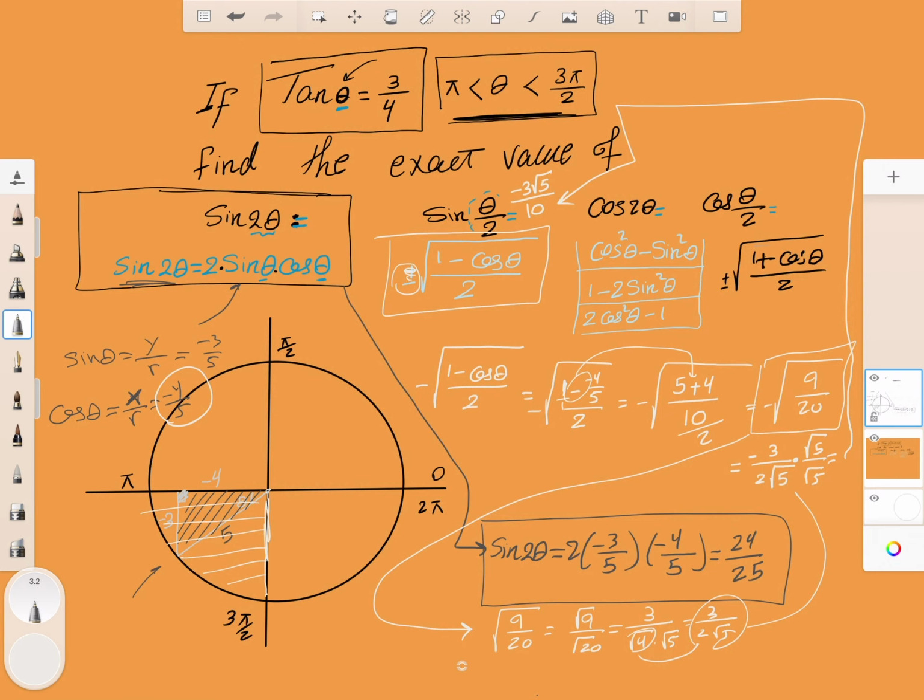So now we have to solve for cosine 2 theta. There are 3 formulas. We pick the one which is easier. I will pick the last one.